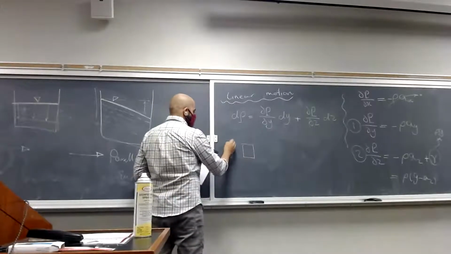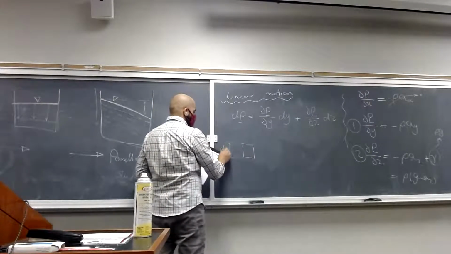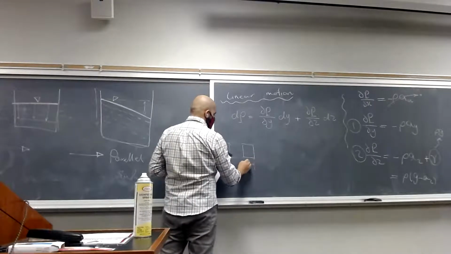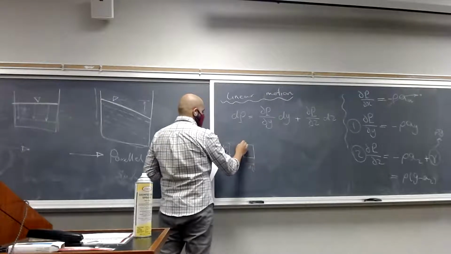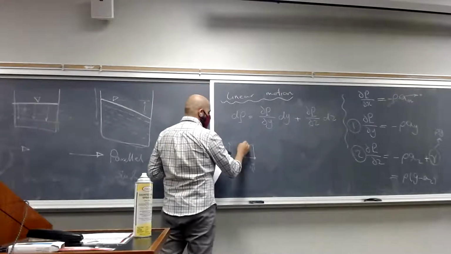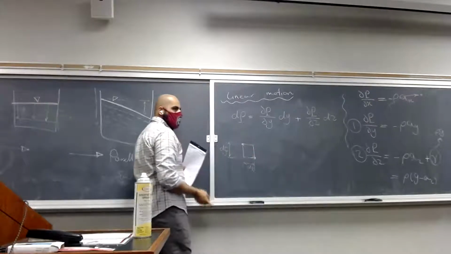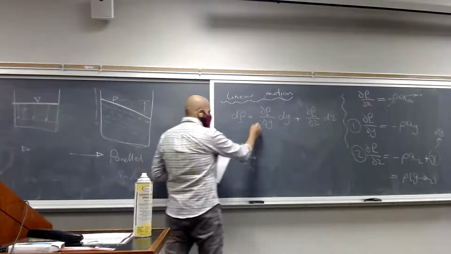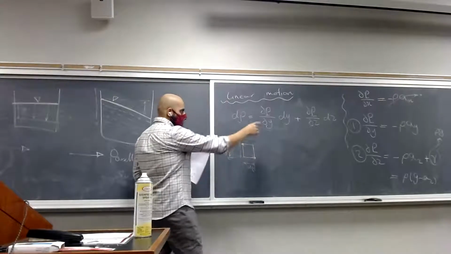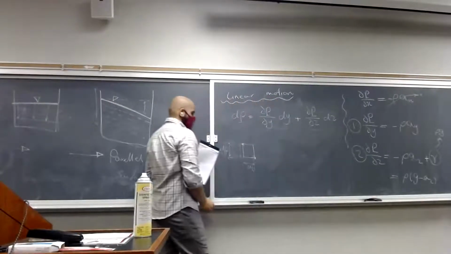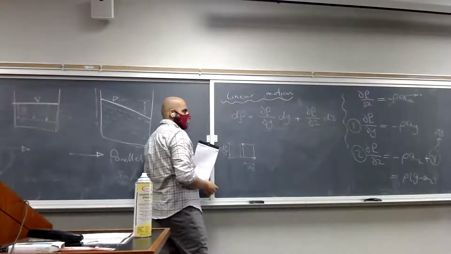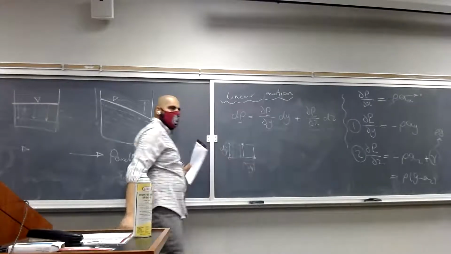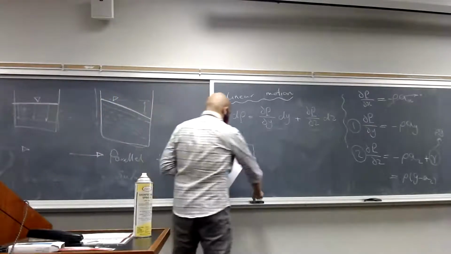It has these dimensions, dy, dz. We want to find the pressure change between these two points. It is going to be equal to changes in this direction multiplied by this distance, plus changes of pressure in the other direction multiplied by this distance. Okay, just a reminder from your mathematics.